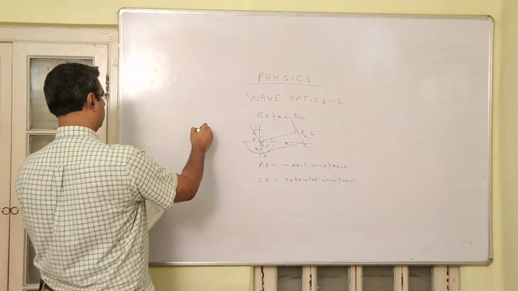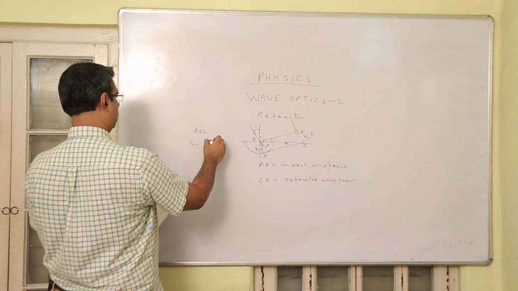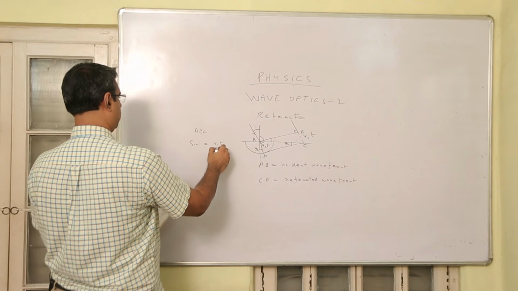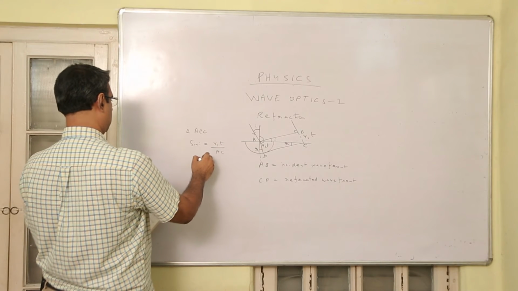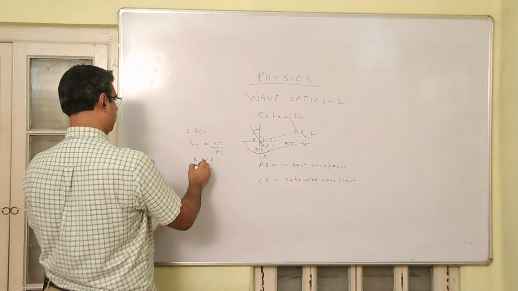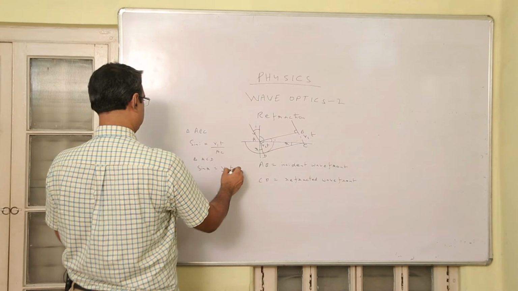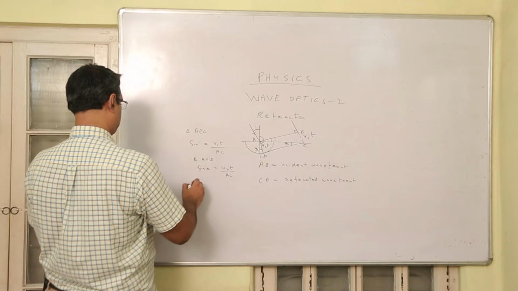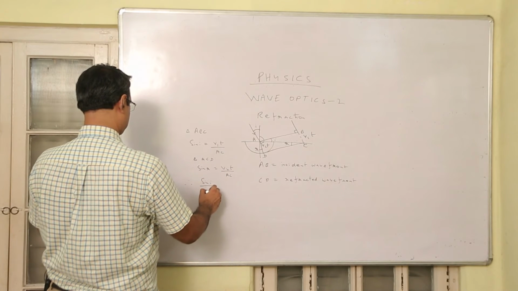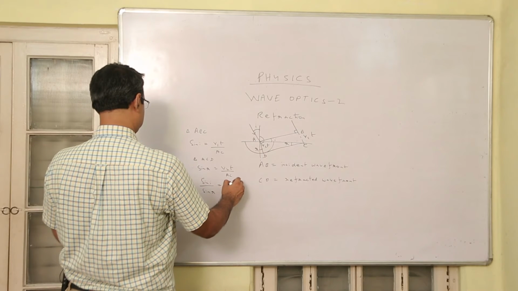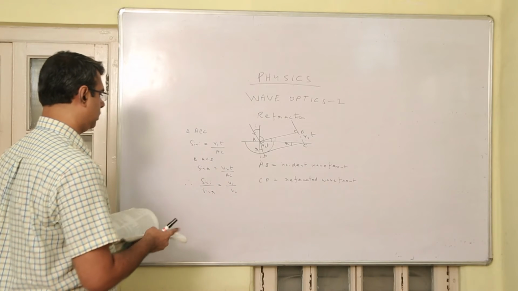Now if you look at triangle ABC, sin i will be V1t by AC, and in triangle ACD, sin r will be V2t by AC. Therefore we get sin i by sin r is equal to V1 by V2.